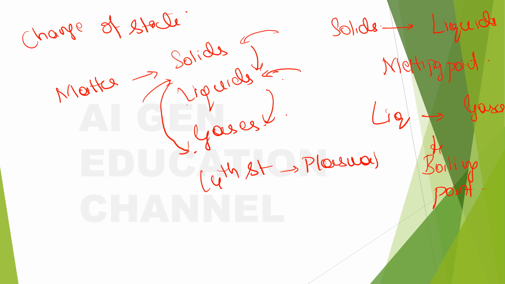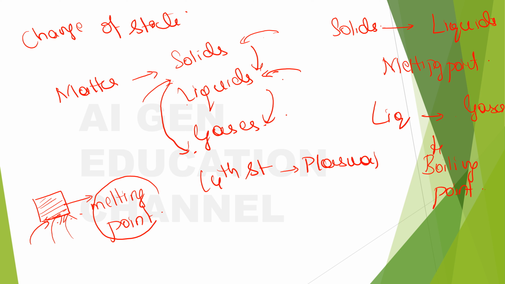So here what happens is, consider this amount of solid. When you are supplying heat to it, the heat will be taken by the solid till it reaches the temperature of the melting point. It keeps on taking the heat till it attains that temperature.